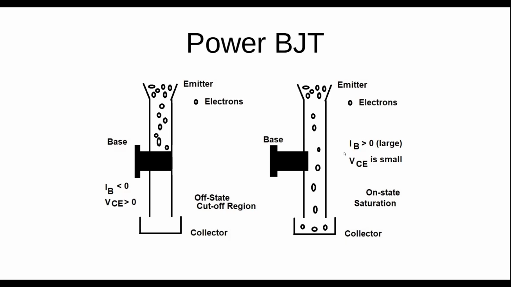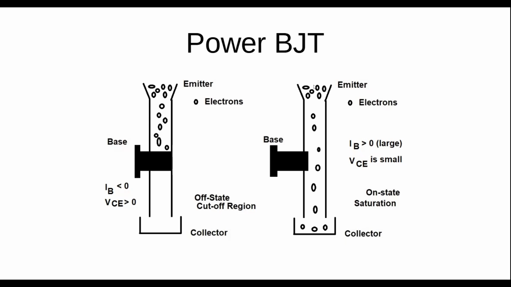Because you have this flow of electrons, this is now a conductor, and VCE is small. VCE is basically in the saturation region, so you have a very small drop across it. It looks more like a conductor, or just a piece of wire, a copper wire, for instance.